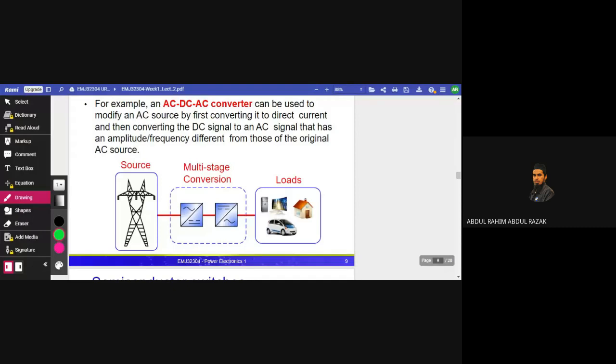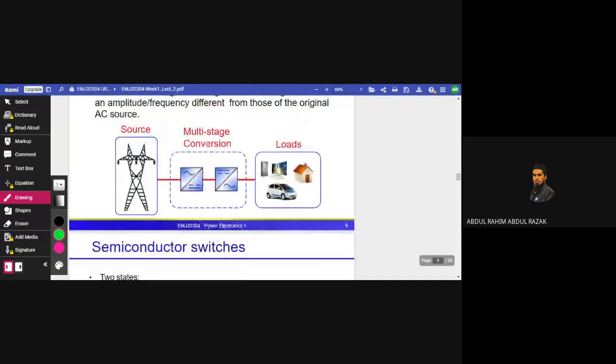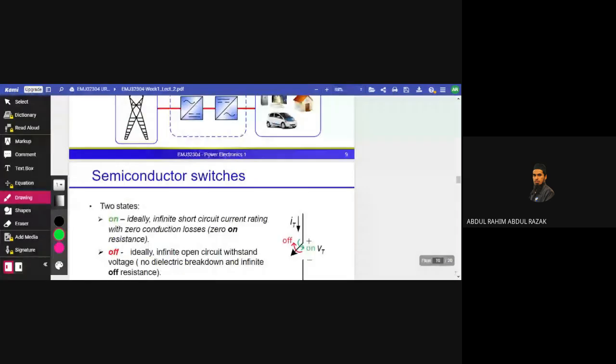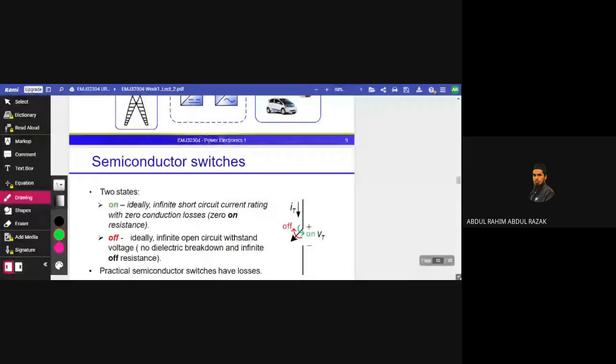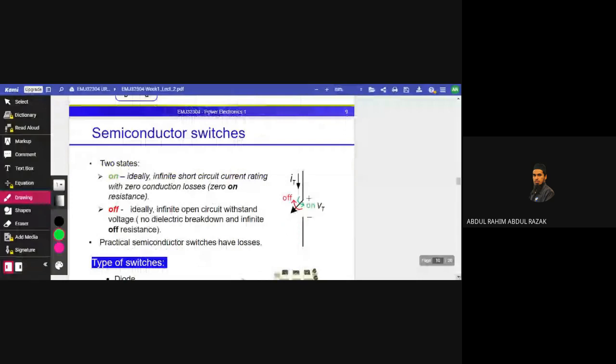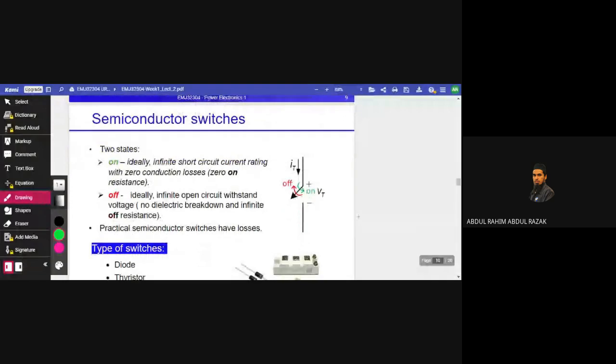Variable frequency means the motor needs different frequency to operate during starting, during heavy load, and during light load. So different voltage levels and frequency ranges are needed, which is why we need a VFD or multi-stage conversion.